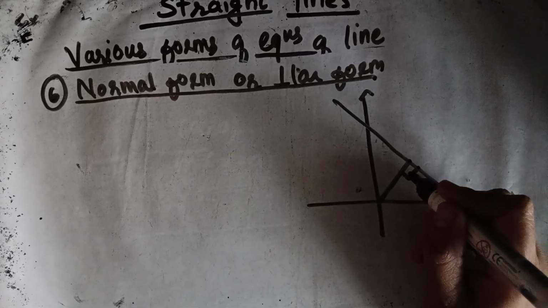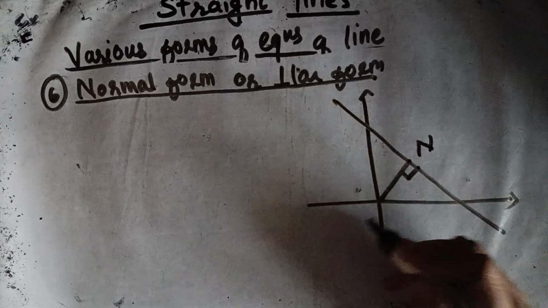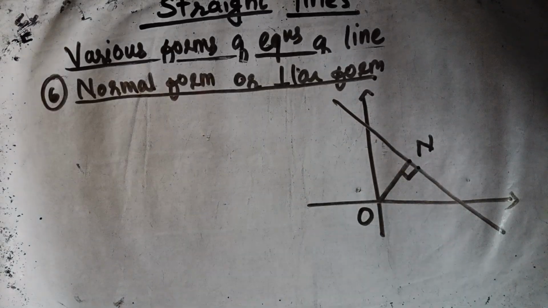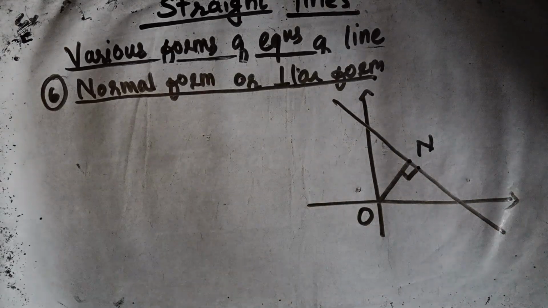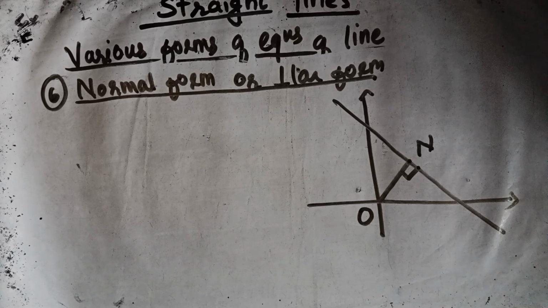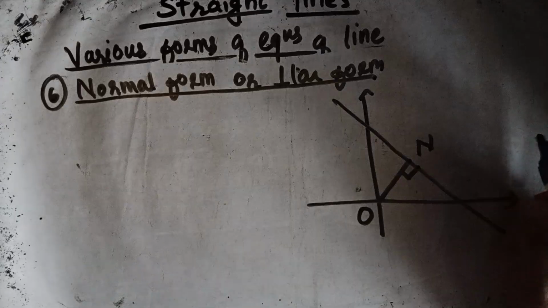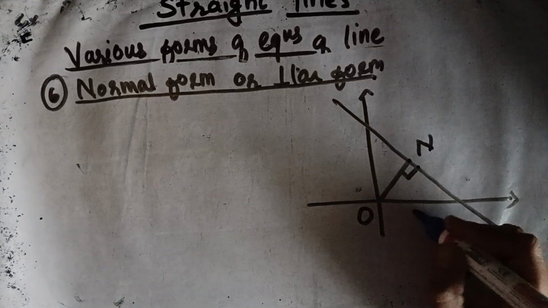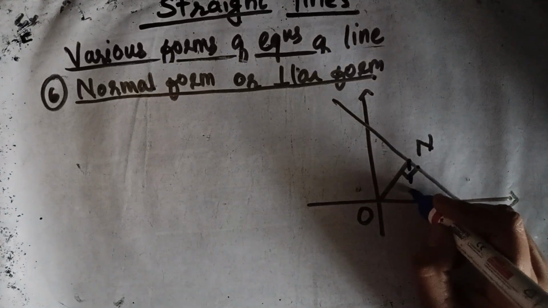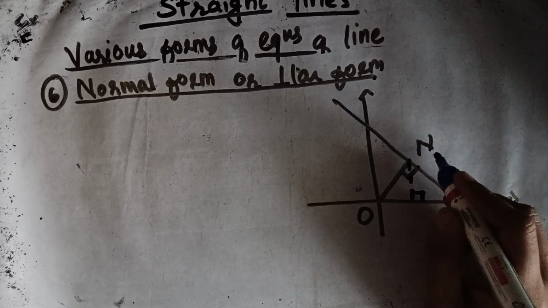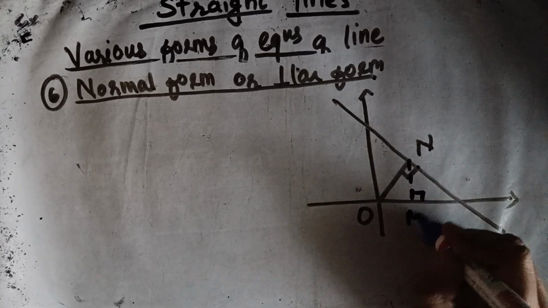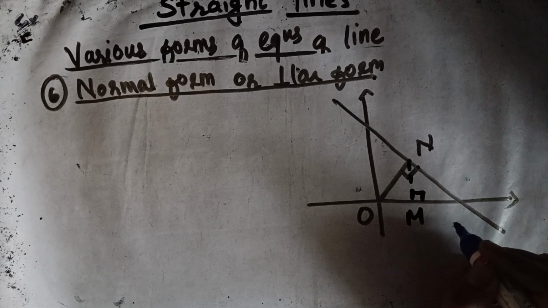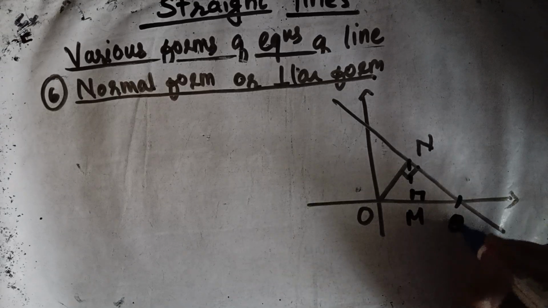Just draw a perpendicular here, N O, and then there is a line which is perpendicular from N to the x-axis. Okay. This is Q.